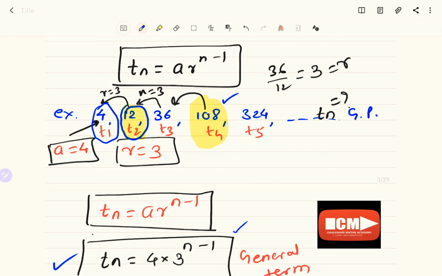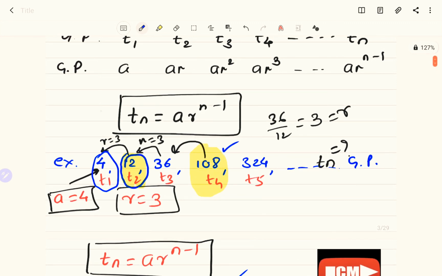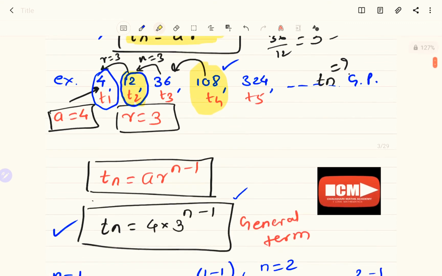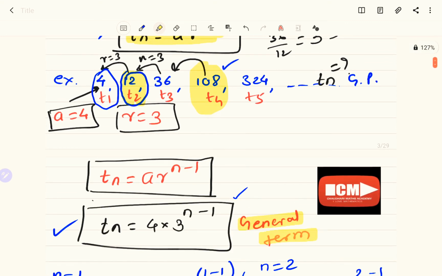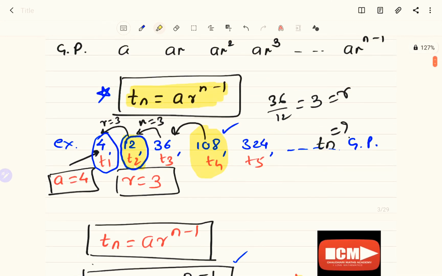What I am trying to tell you here is the importance of the nth term of a geometric progression. Why is this nth term so important for any sequence? The nth term is nothing but the general term of that sequence, and it can represent any element from that sequence.